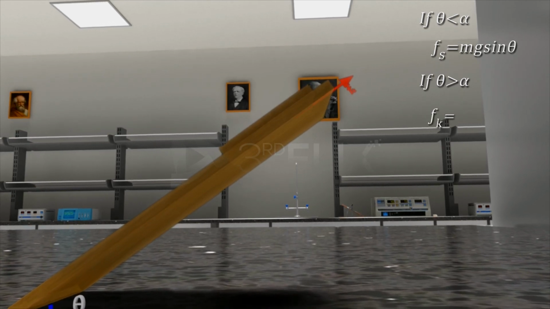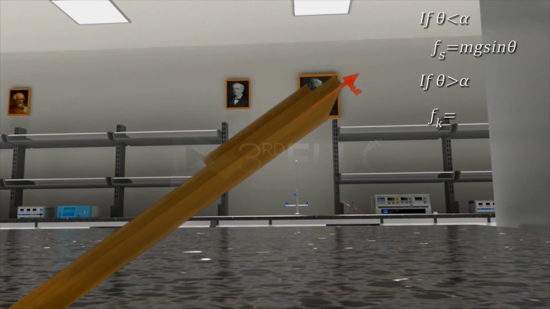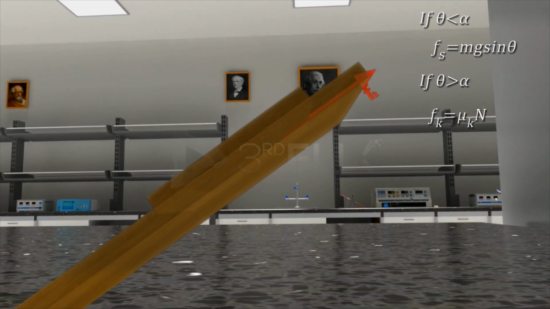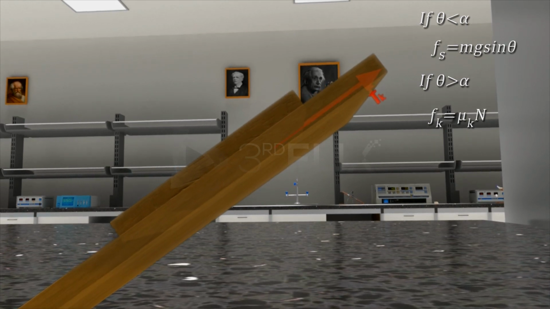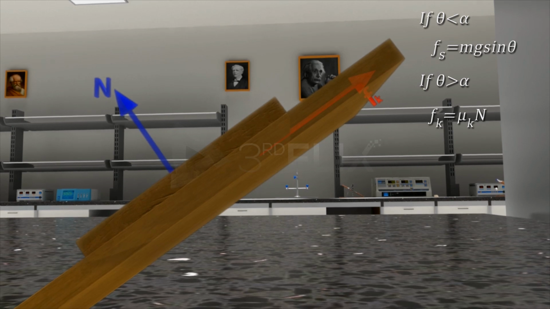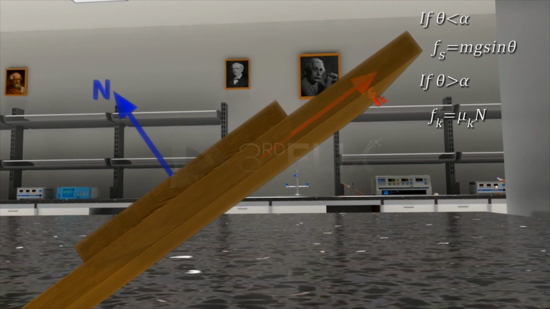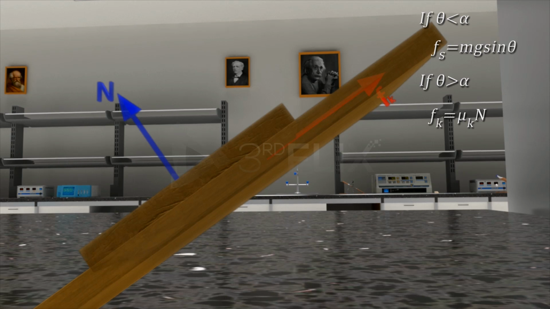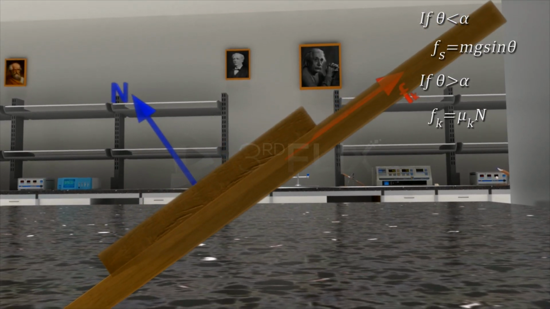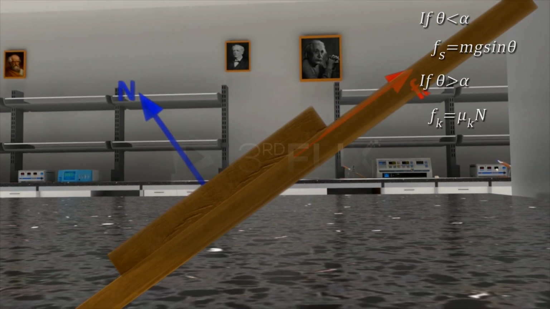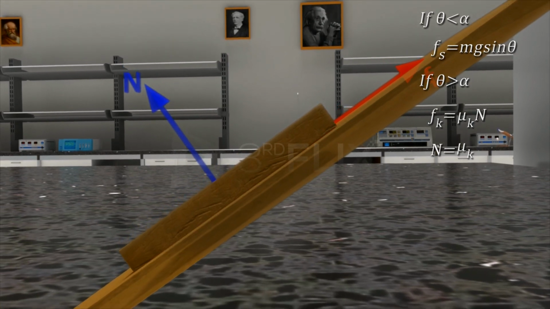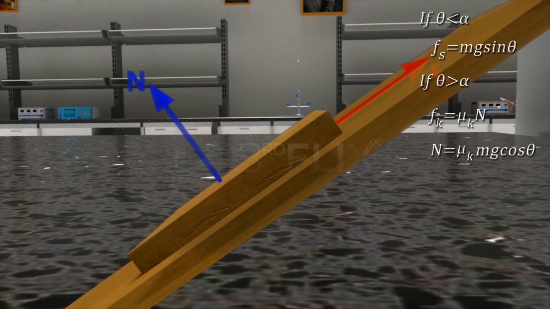The kinetic friction is equal to the product of the coefficient of kinetic friction, μk, and the normal reaction force, N. Normal reaction N is balanced with mg cos theta. Hence, kinetic friction opposite to the motion of the block is μk mg cos theta.